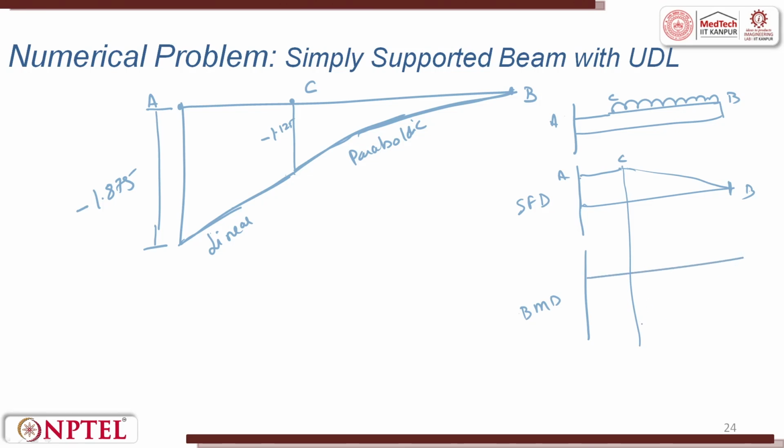It will be linear, and then I will have a parabola here. So, this is how the bending moment and shear force diagrams will be for a UDL loaded on a cantilever beam.